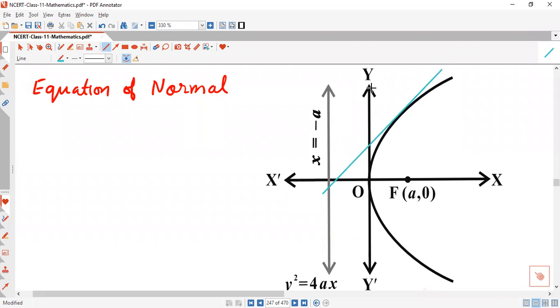We say this is a tangent, and this is the point of contact P. At this point of contact P, I draw a line perpendicular to this tangent.